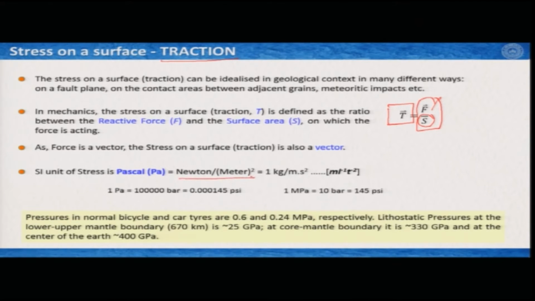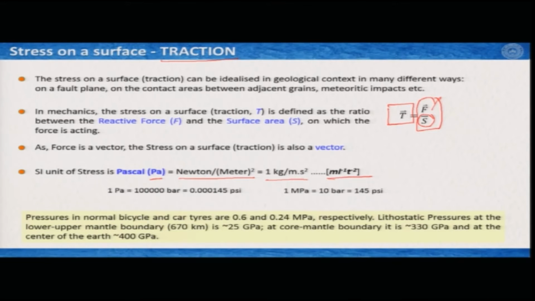Okay. Now, this Newton per meter square has a name, and this name is Pascal, and it is written as Pa. 1 Newton per meter square, you can expand as 1 kilogram per meter per second square, and the dimension here becomes M L to the power minus 1 T to the power minus 2. Now, there are many other units of stress.